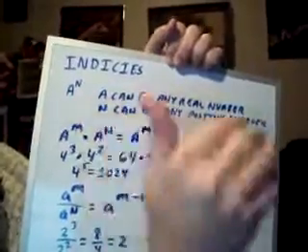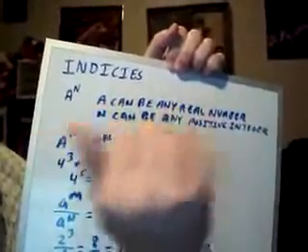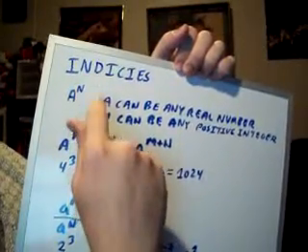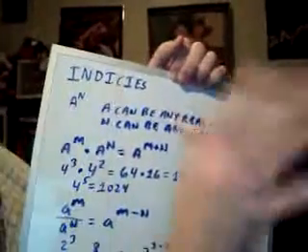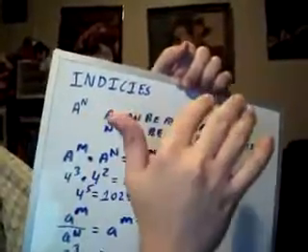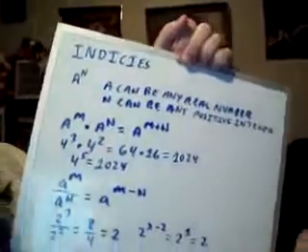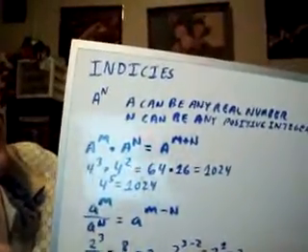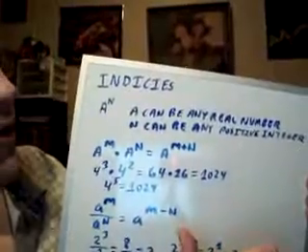We don't want to use a fraction when we're talking about indices in the equation. Your exponent must not be a fraction if you're going to deal with indices. And it must also be positive. You do not want to be dealing with a negative exponent if you're dealing with indices. It's just not going to work that way.